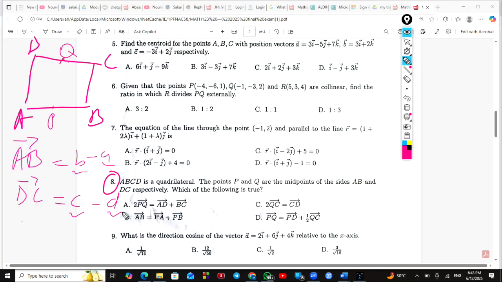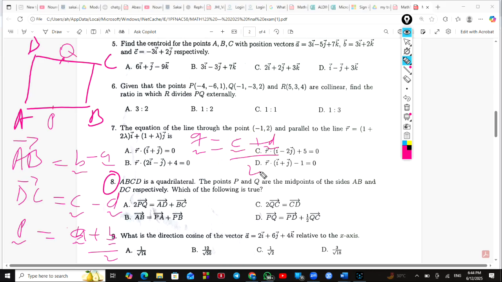So since P is the midpoint of AB, P will be equal to the vector A plus the vector B over 2, and Q will be equal to the vector C plus the vector D over 2.